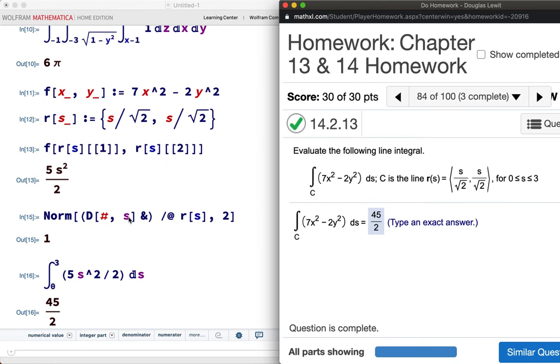The tangent vector is simply the derivative of each element of your parametrized curve. And that makes the problem kind of easy, but bear in mind that some of these problems can get a little trickier. I think that's going to be enough for now.